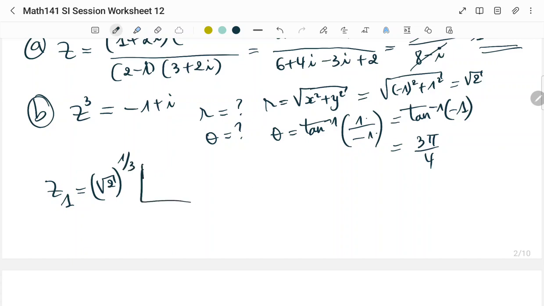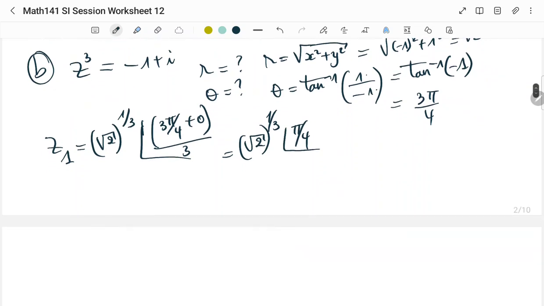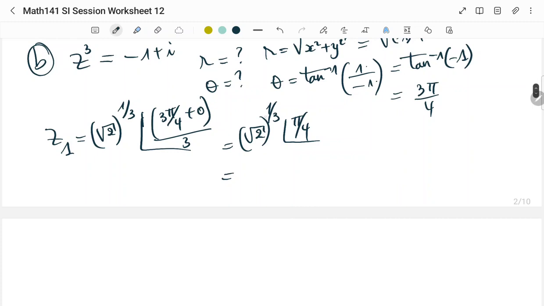And the first angle would just be 3 pi over 4 plus 0, because k is equal to 0, divided by 3, which is the equivalent of root 2 to the 1 over 3 with the angle being pi over 4. And root 2 to the 1 over 3 is just 2 to the 1 over 6.